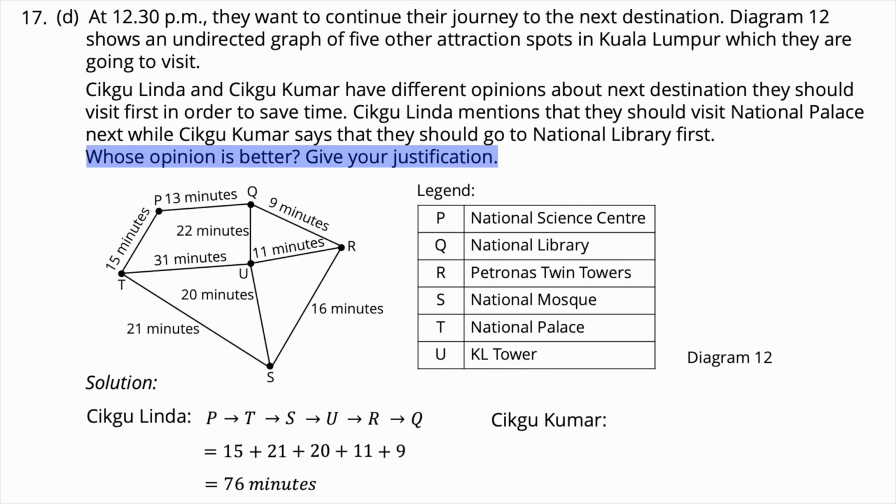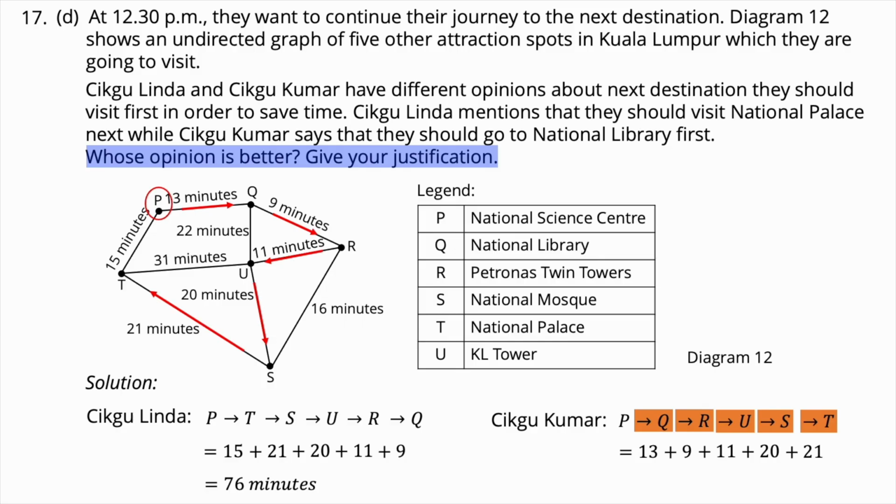For Jacukumar, he planned to visit National Library first. His route will start at National Science Center P to National Library Q, then head to Petronas Twin Towers R, followed by KL Tower U, National Mosque S, and his last destination National Palace T. The time from P to Q is 13 minutes, Q to R 9, R to U 11, U to S 20, and S to T 21.